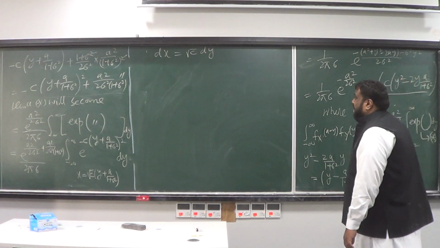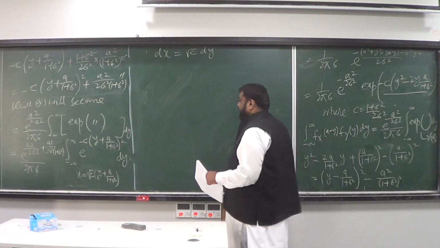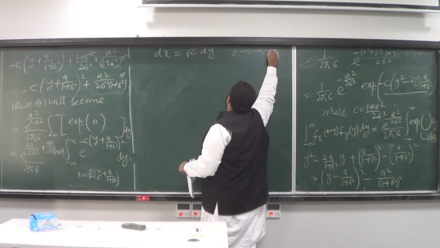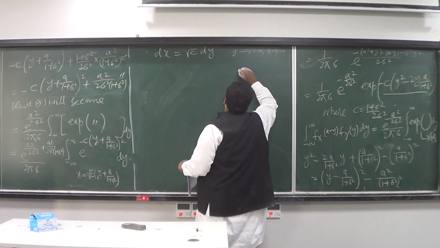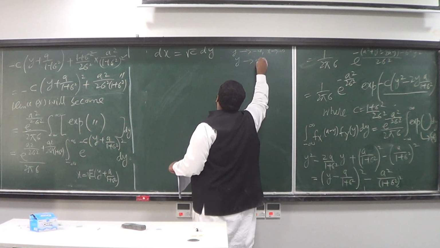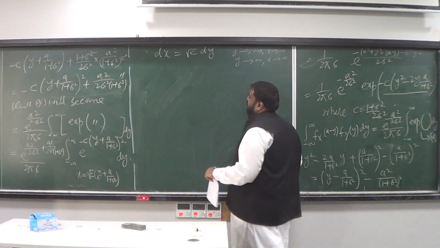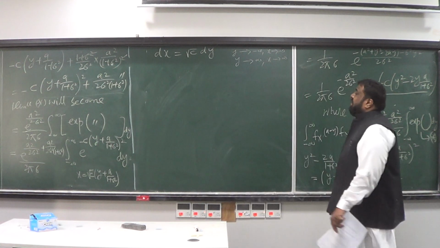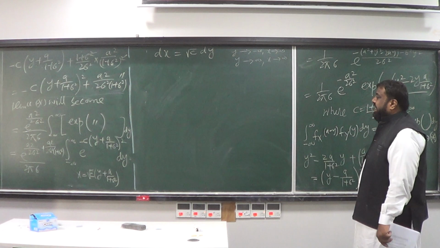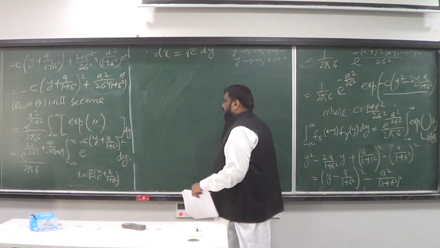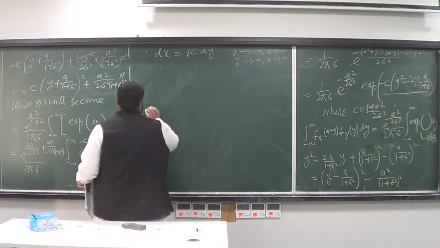And when you substitute the limits, as y goes to minus infinity, surely x goes to minus infinity, and as y goes to plus infinity, x goes to plus infinity. There is no doubt about it. And now you convert everything in terms of this.